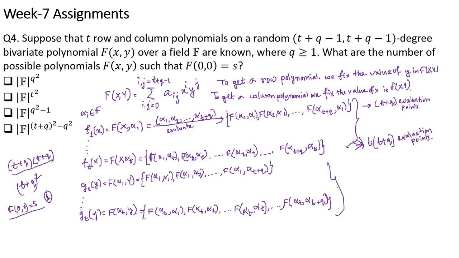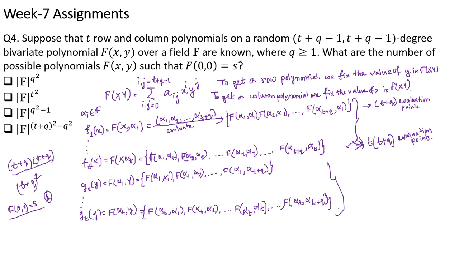In the column polynomial perspective, if alpha 1 we already get from here, alpha 1 comma alpha 2 will be there by evaluation of f2(x) at point alpha 1. So this information is also redundant.